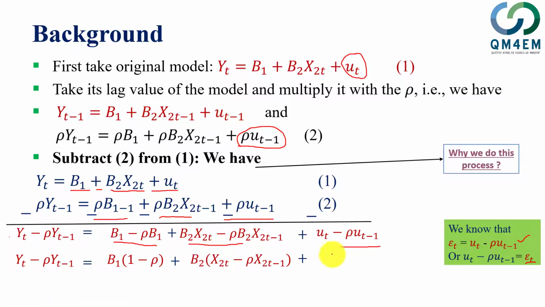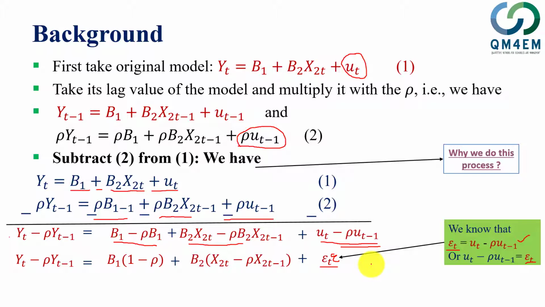So instead of using the original u_t, we replace this with epsilon_t, and this epsilon_t is now autocorrelation free.